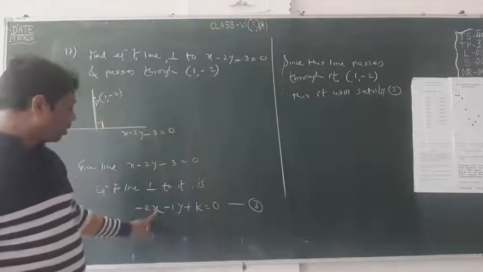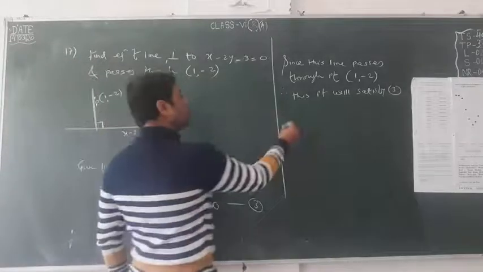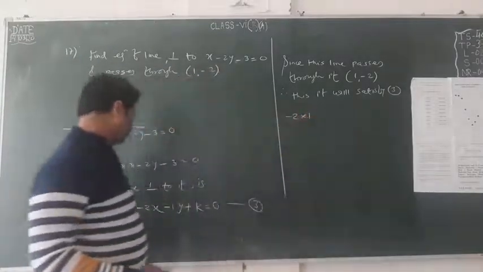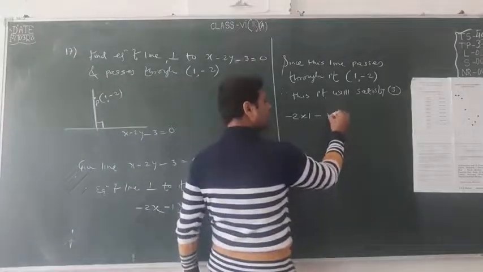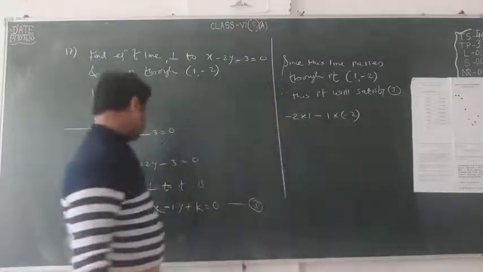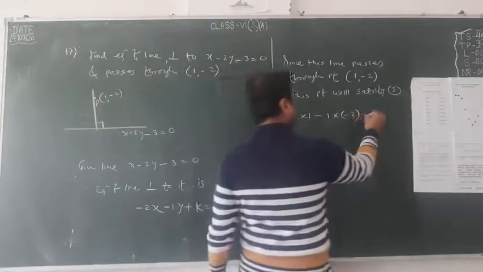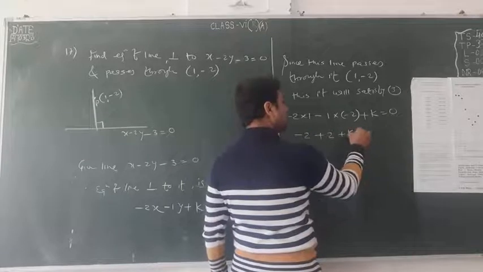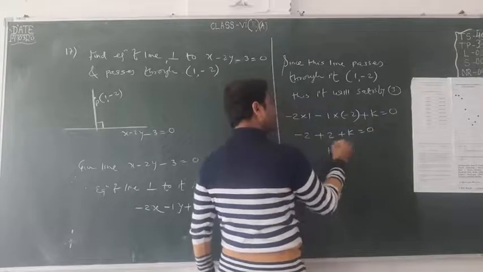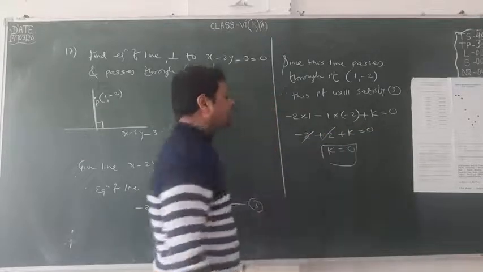So 1 will come instead of x: minus 2 into 1, minus 1 into y, which is minus 2, and plus k is equal to 0. This is going to be minus 2 plus k is equal to 0. Fortunate or unfortunate, we can say that k we got as 0.